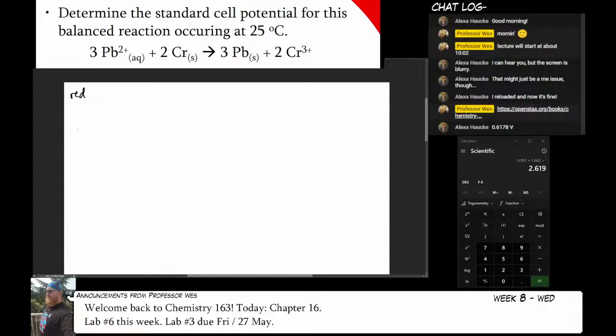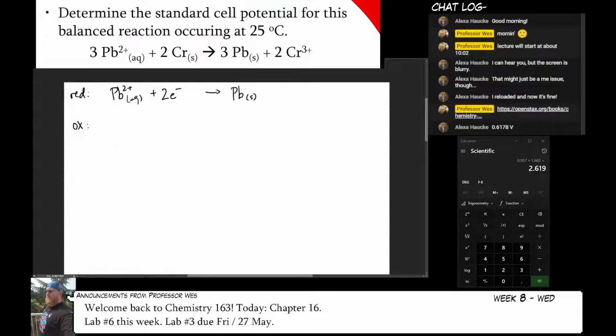Lead is being reduced because it's going from lead 2+ to lead. So we would add 2 electrons to balance that out.